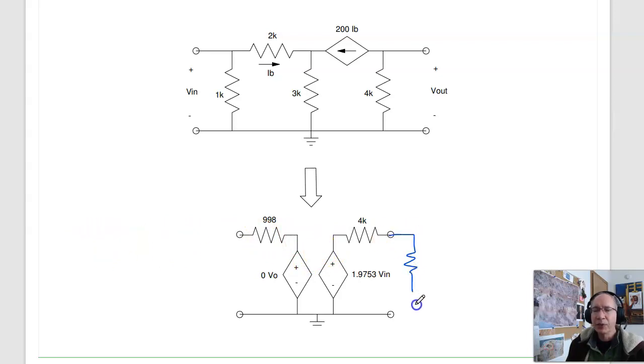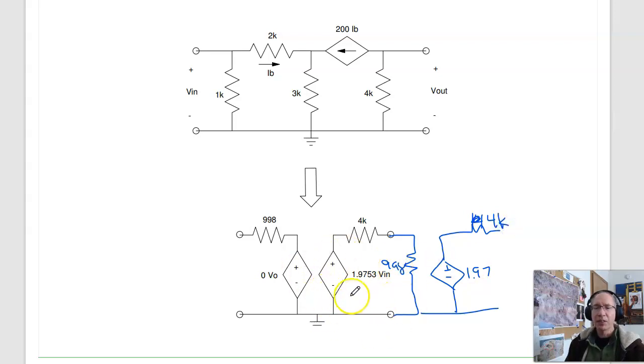If I put two of these circuits back to back, build a multi-stage amplifier, this is actually not too bad to analyze. This has a gain of 1.97. The input impedance is 998 ohms. Output is 4K. Yeah, I misspelled 4K. 4K.